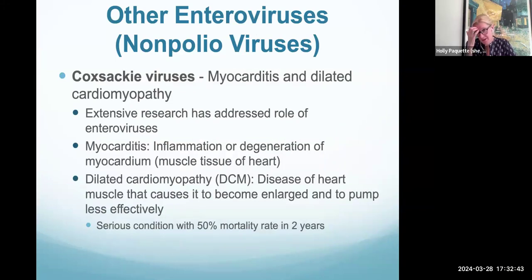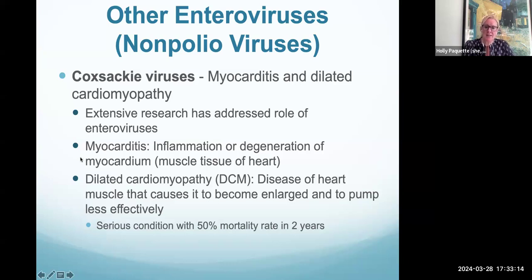With that, I just want to finish up with some other enteroviruses or non-polioviruses that fall into this category. There are the Coxsackie viruses, which cause myocarditis, or inflammation of the heart muscle, and also dilated cardiomyopathy, which causes damage to the heart. And so there's been a lot of research that's looked at enteroviruses as having an influence on this.